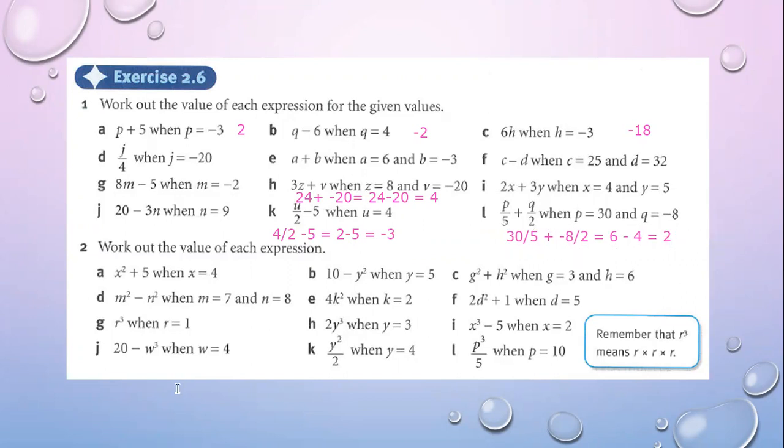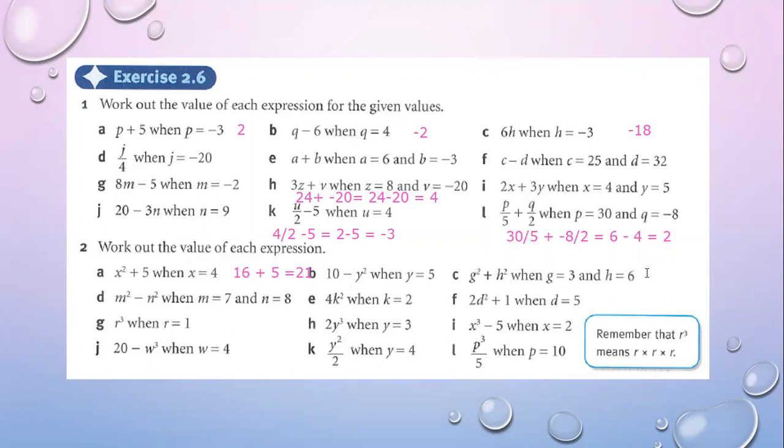Now in the other part, they just have squares. First of all, x is equal to 4, the square of 4 is 16, plus 5, so that is equal to 21. Any other question? Yes, this one. Here in the c part, g square and h square.